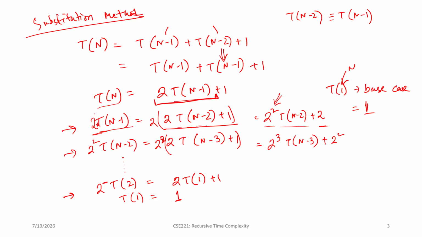What's that something? If we try to observe this pattern, the first line had 2 to the 0 as quotient, which is actually 1. The second line has 2 to the 1, 2 squared. And we are also decreasing from n minus 1, n minus 2, going down to 2. This will be very close to n. In fact, this will be 2 to the n minus 1.